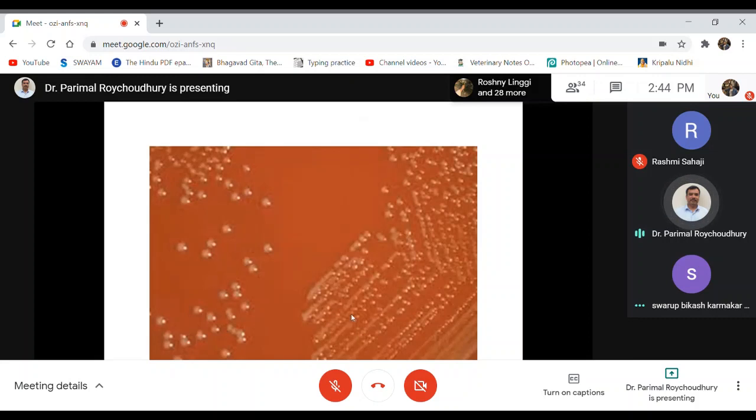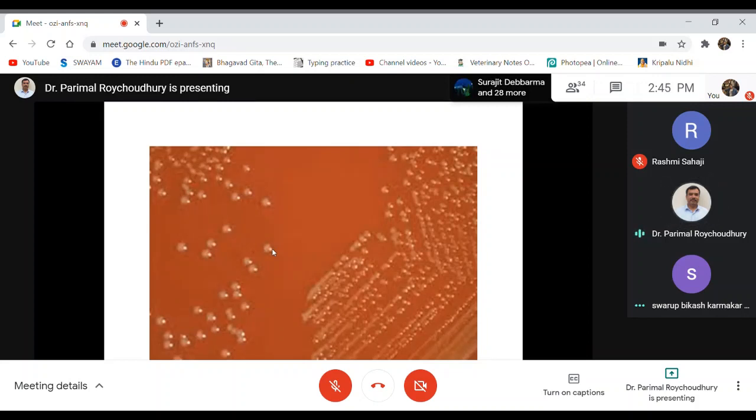This is another clear close capture of some bacterial colony. We can see they are glistening type colonies. Okay, glistening is shining. The light is reflecting on the surface. So we have certain organisms which are dull in nature, means they are not reflecting, not shining.